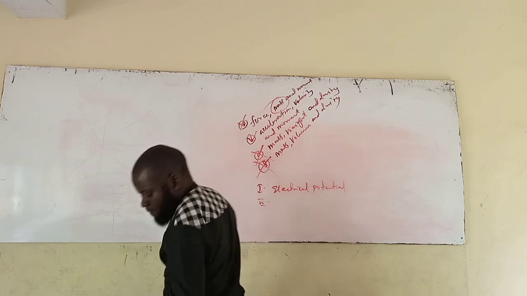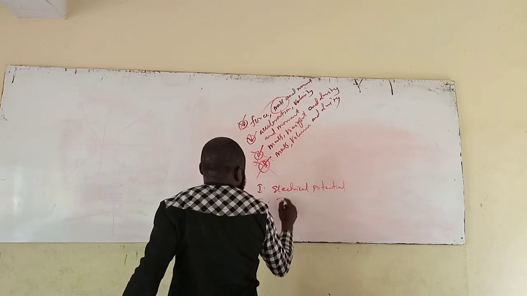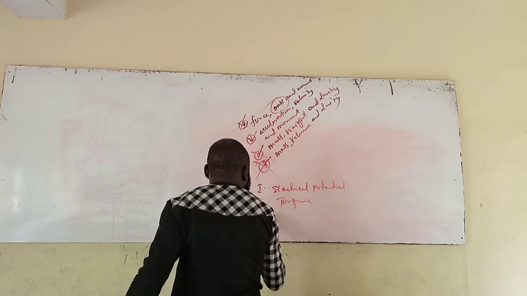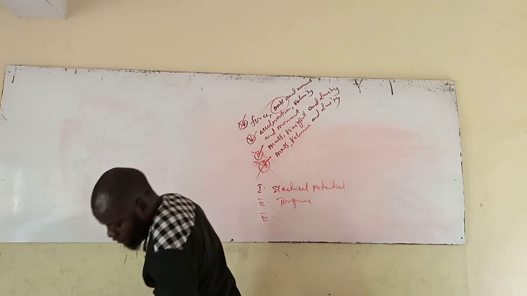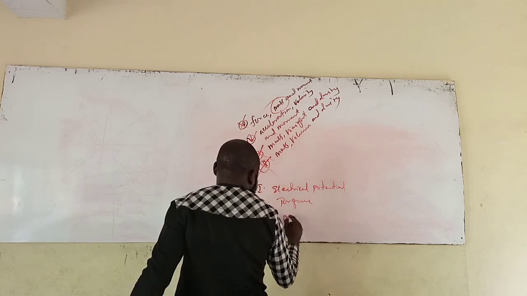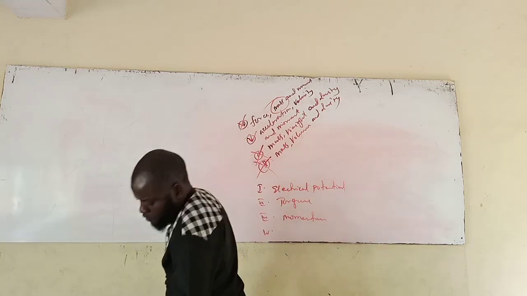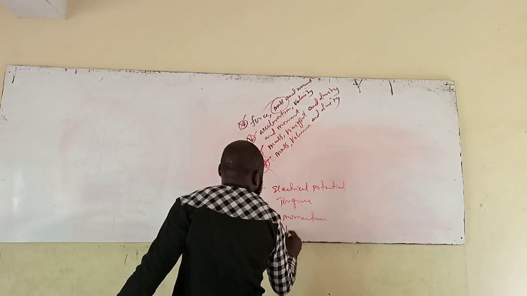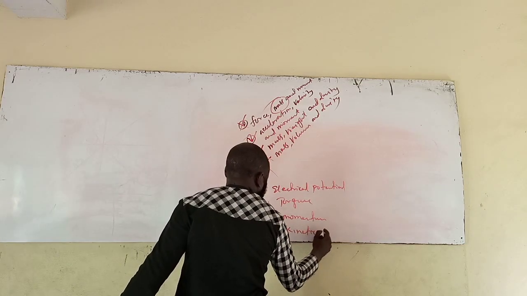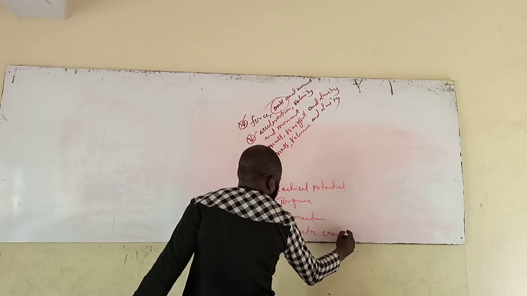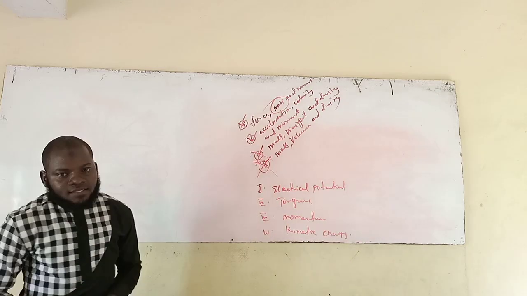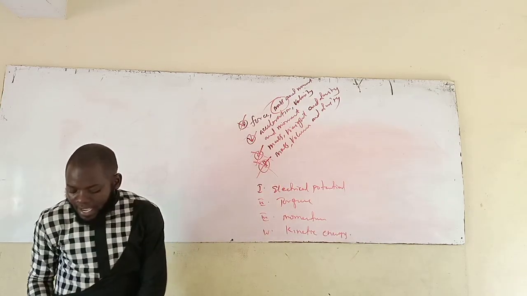Roman figure 2, we have torque. Roman figure 3, we have momentum. Roman figure 4, we have kinetic energy. Okay, guys, which one is a scalar?